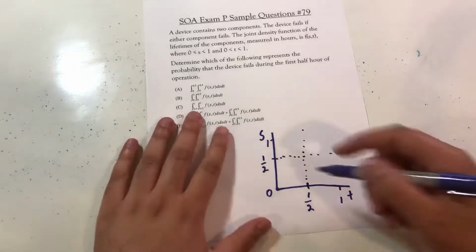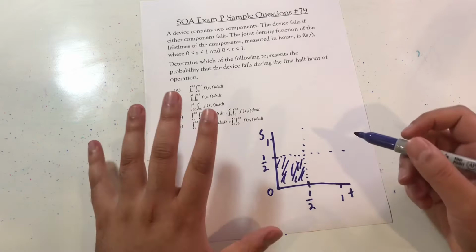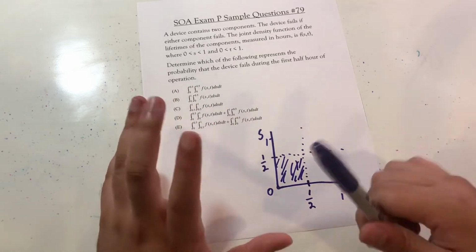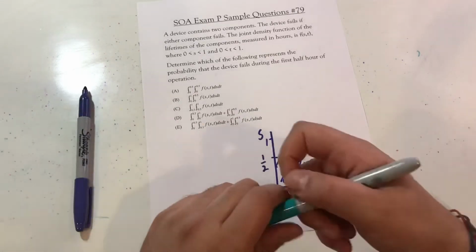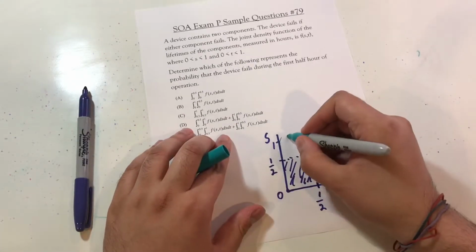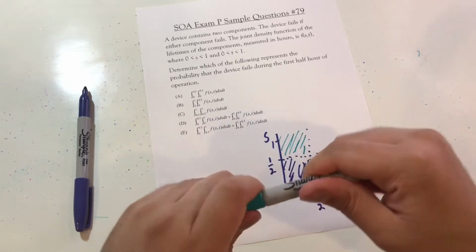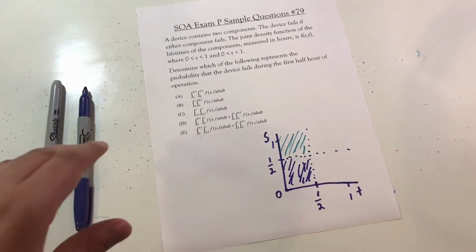In this section, we have where both S and T fail within the first half hour. I'll use different color markers. In this section up here, we have S and T where T fails within the first half hour, but S does not.